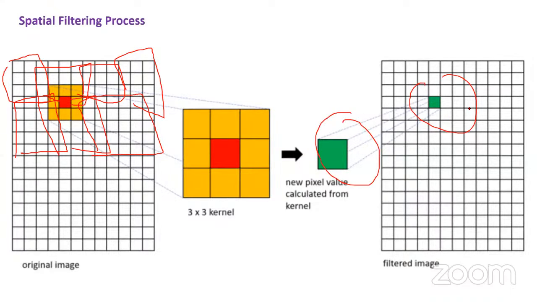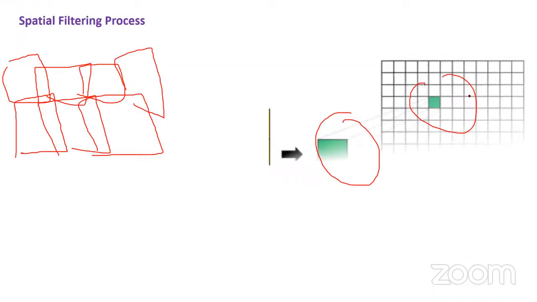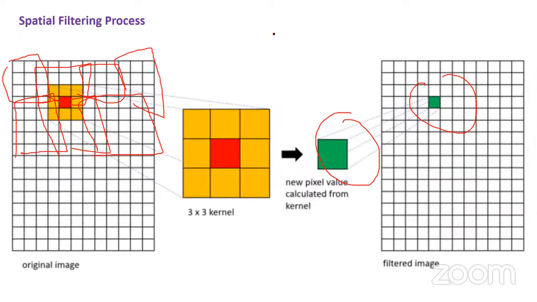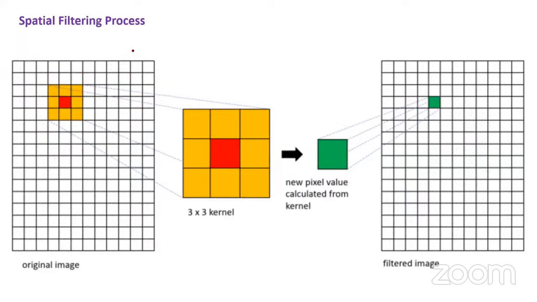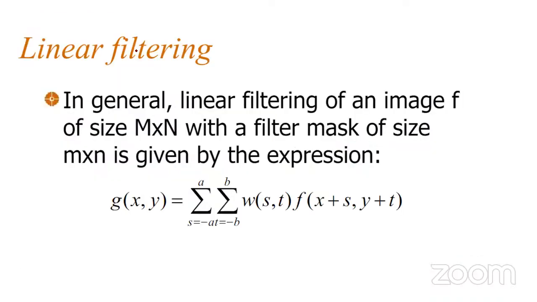This is similar to the concept discussed in the median filter. If anyone was absent for the median filter session, you can go through the recorded session for complete information. The mathematical formula is very simple: we just use the convolution process. This is the input image and this is the kernel. Multiply, make a sum, and replace the central pixel value by the response. That is the concept we have discussed so far.